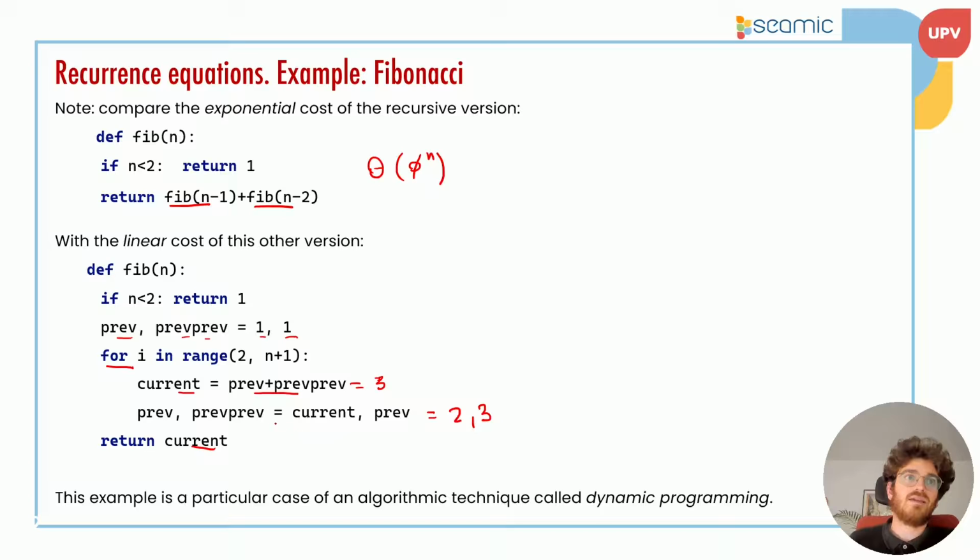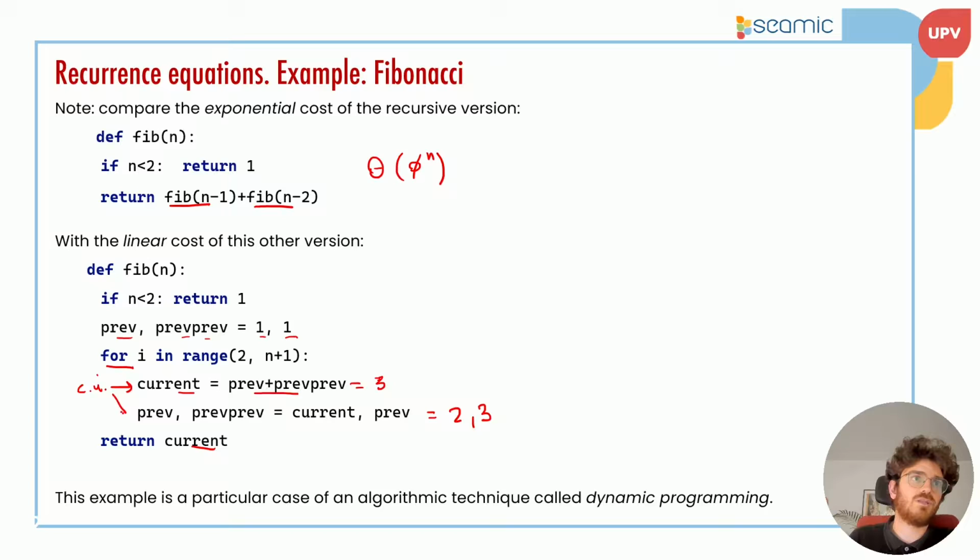In this case, we're studying an iterative algorithm, and thus the innermost operation that is repeated as many times as any other would be, for example, this one. This one was the critical instruction.